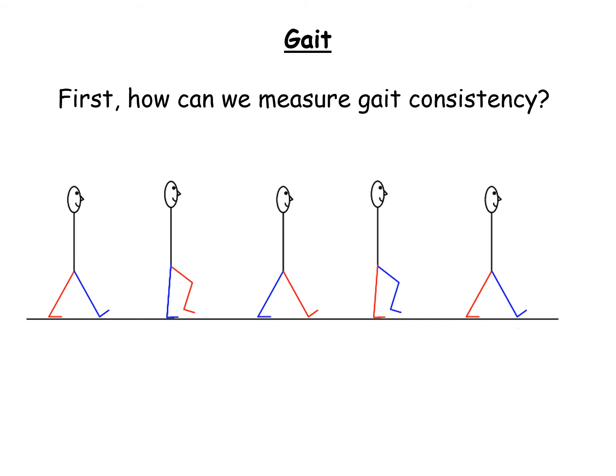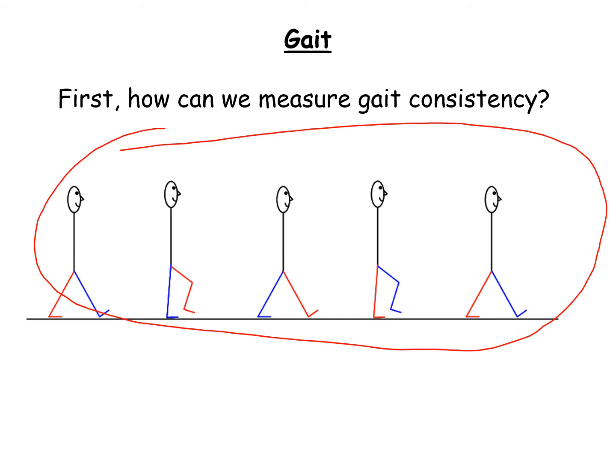So gait. First, how can we measure whether a gait is consistent or not? This right here is considered to be one gait cycle. One gait cycle, I kind of mentioned this already, if we consider this to be the right foot here, is the heel strike of one leg to the heel strike of the second leg.